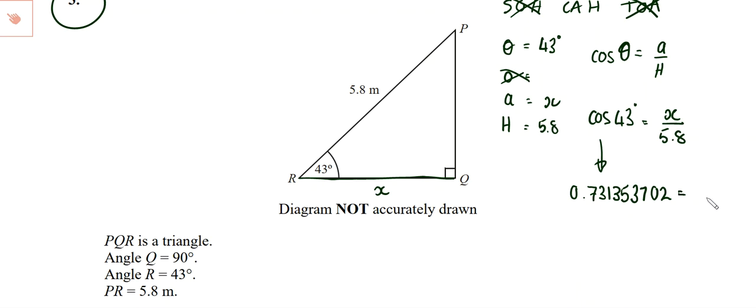And then we times by 5.8 and we times by 5.8, and then you will become 4.